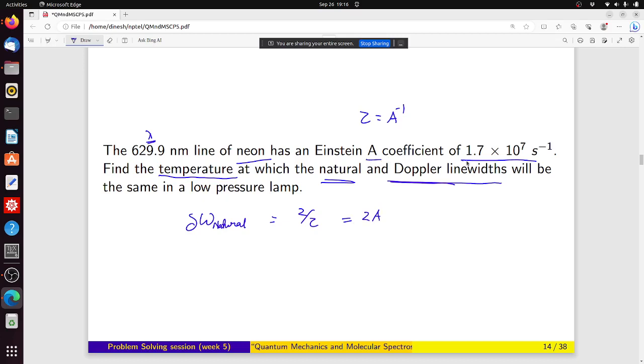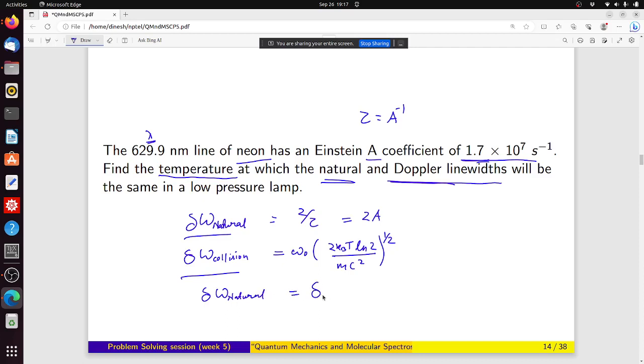A is given, and we have the Doppler line width as omega naught times the square root of 2 kBT ln 2 over mc square. Okay, so what is the condition? These two line widths should be equal: delta omega natural is equal to delta omega Doppler.